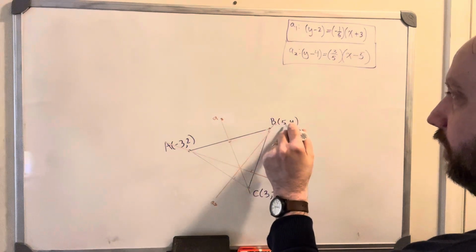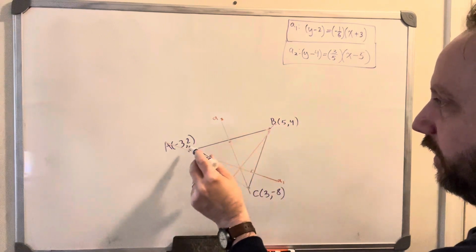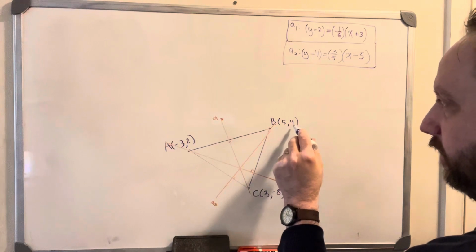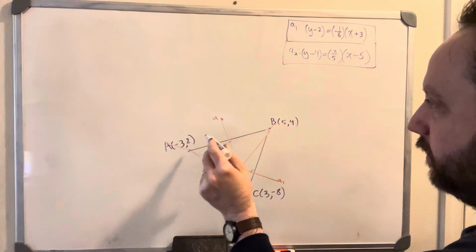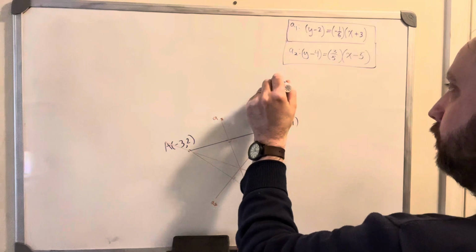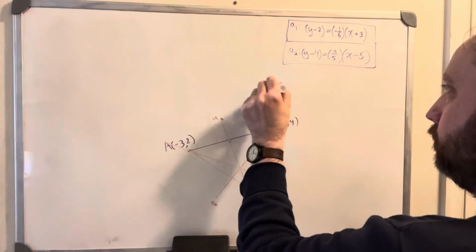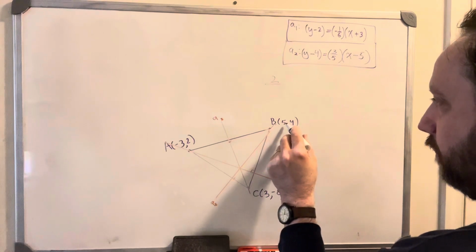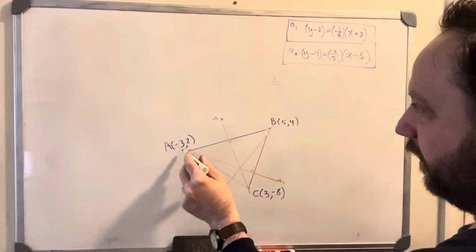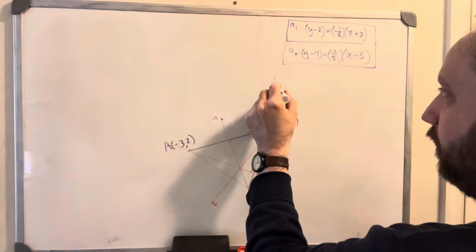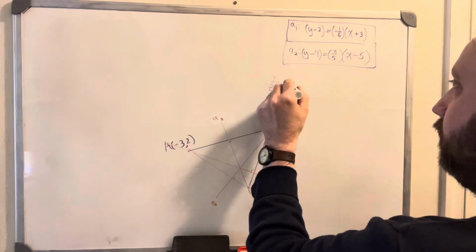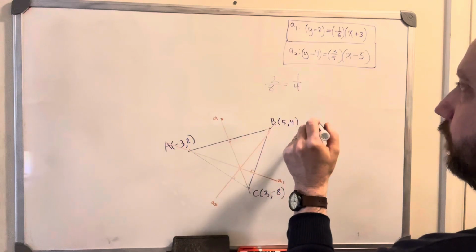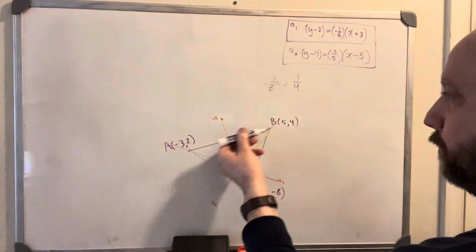So we've got 5, 4 and negative 3, 2. That's the difference in y. It's the 4 minus the 2. Right? 4 minus 2 is 2. And we're going to talk about the difference in x. 5 minus negative 3 is 5 plus 3, which is 8. 2/8 is 1/4. That's the slope of this side.